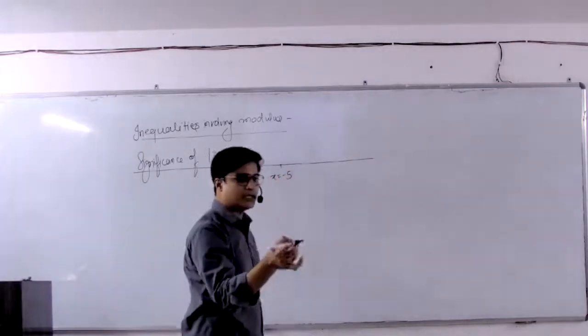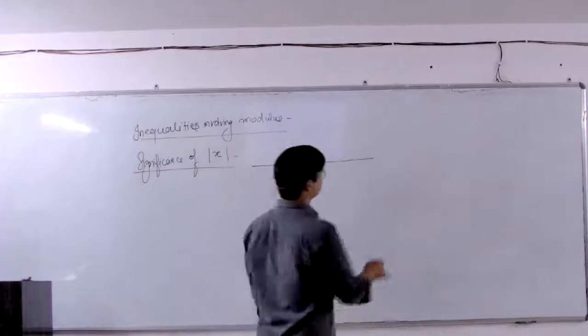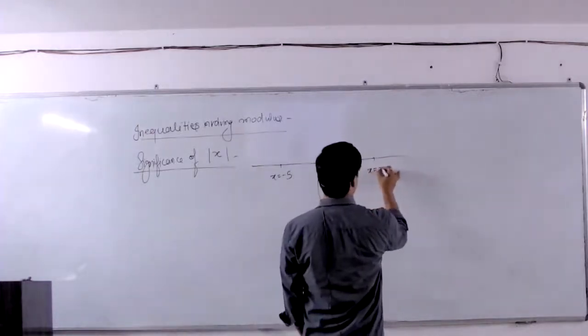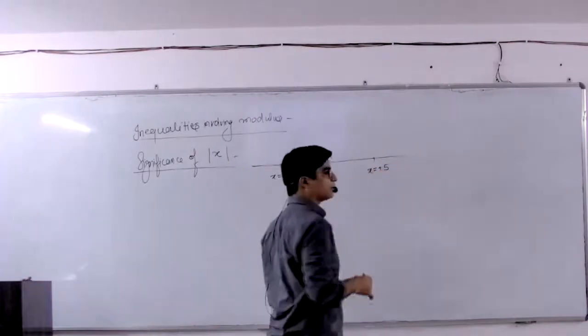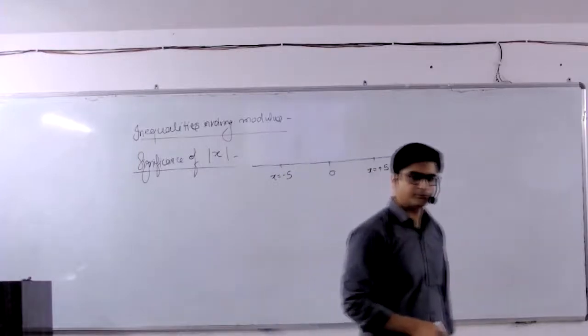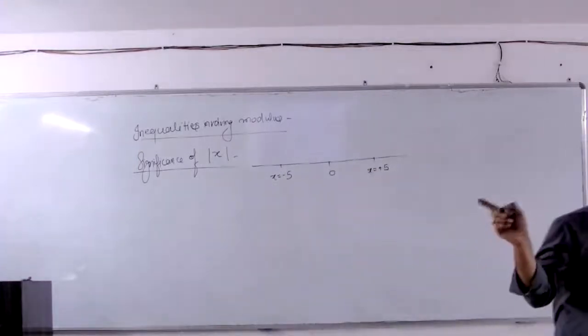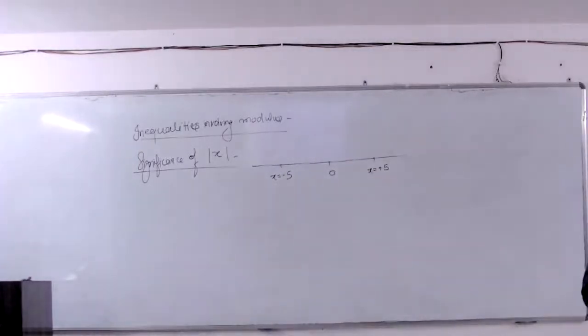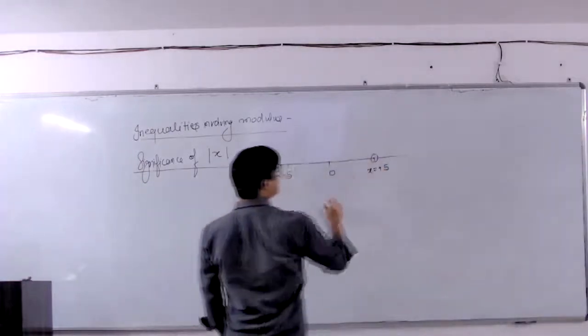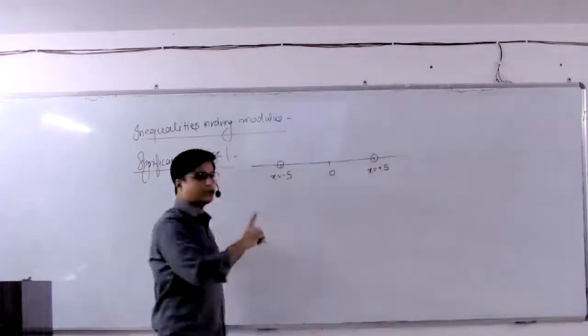Let's say I take x equals to +5 also. And in between, obviously, there is origin, that is 0. Yes or no? Now, what is the output of modulus x in this case? +5. Can I say it is the distance of x equals to 5 and x equals to -5 from origin?